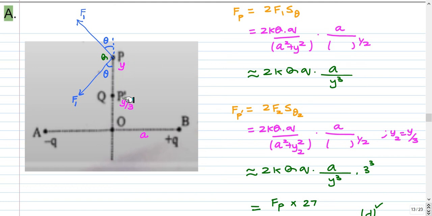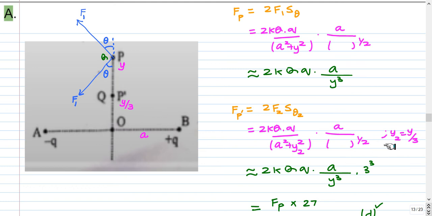When the charge moves to P prime, the net force acting on it will be 2F2 sin theta 2. F2 is the magnitude of the Coulomb force between these two, and the angle will be different; that will be theta 2. So F2 is the product of the charges Q and q divided by the distance squared, that is a squared plus y2 squared. And sin theta 2 will be a divided by the square root of a squared plus y2 squared.